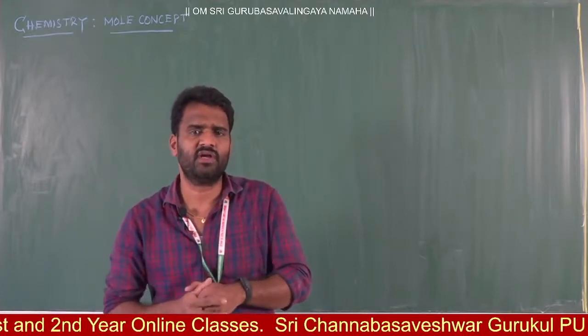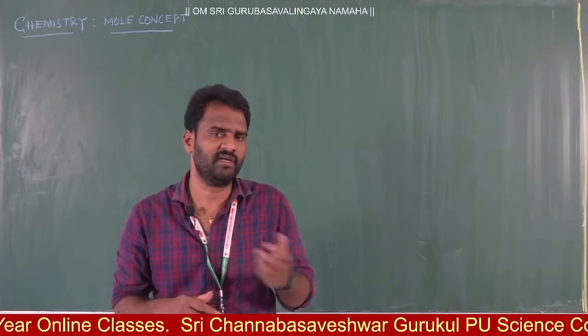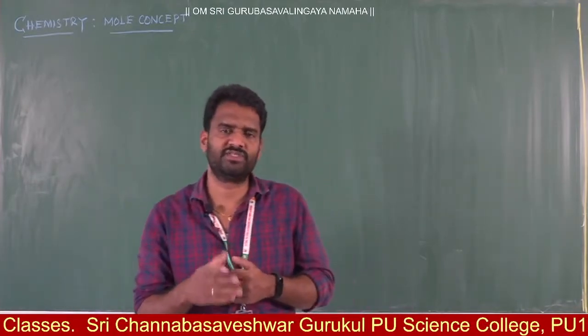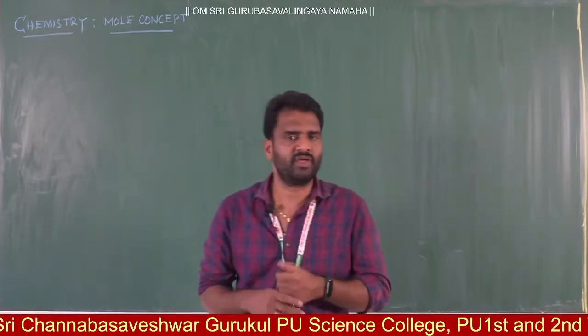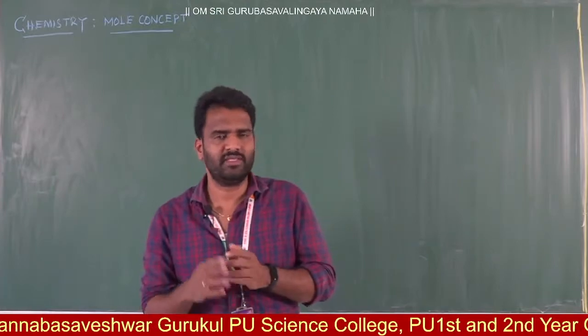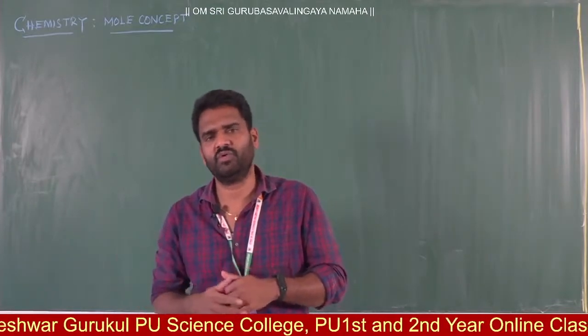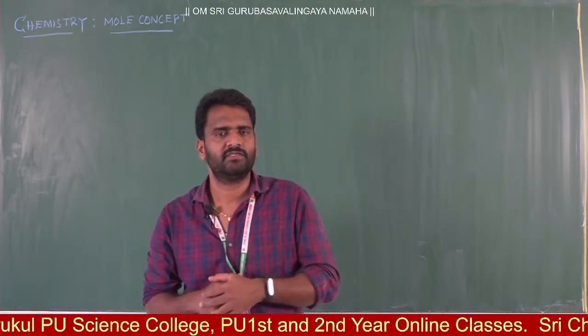In terms of what? In terms of weight, kg and grams. In terms of length, centimeter, meter, kilometer. In terms of pressure, atm, bar, dynes, pascals, torr, centimeter, millimeter. These are units of pressure. To measure volume, milliliters, liters, meter cube, centimeter cube.